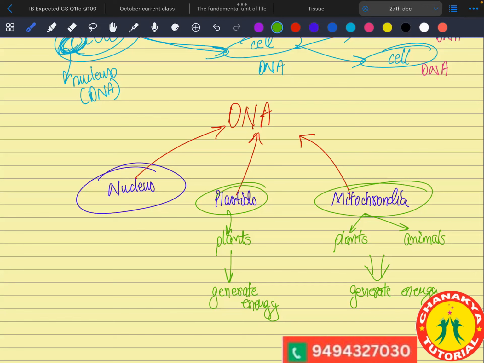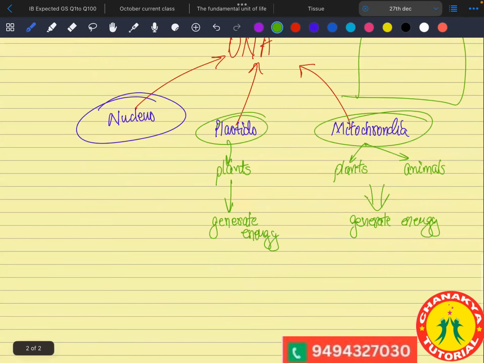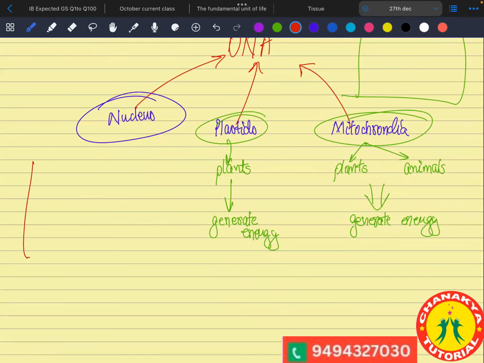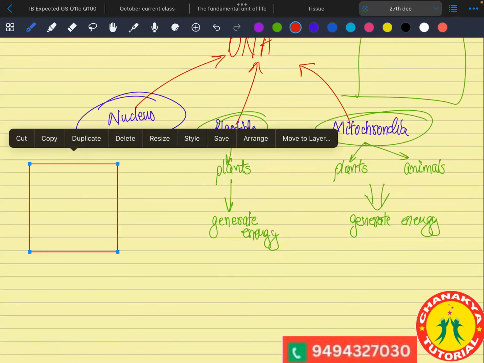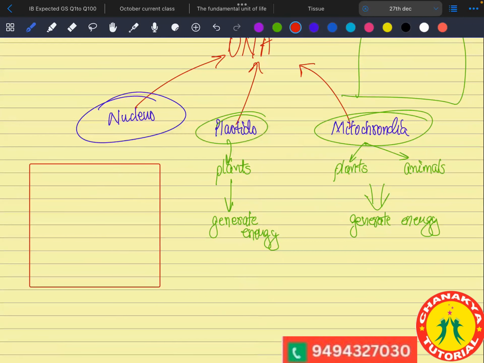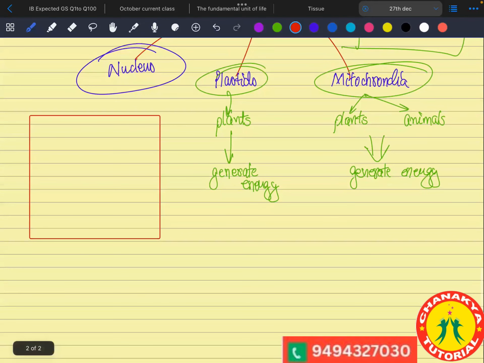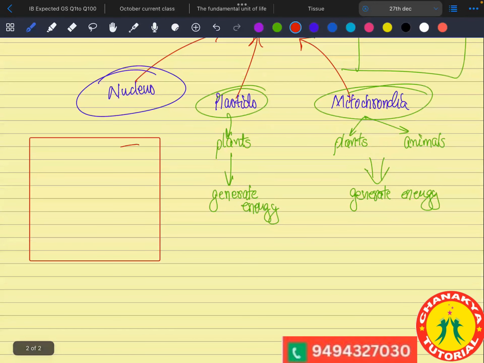Okay. So if you take this as a cell, I am taking this square shape as a cell. Cell is itself a defined area. So I am taking just a random area. So in the cell, let's say here are some plastids present.